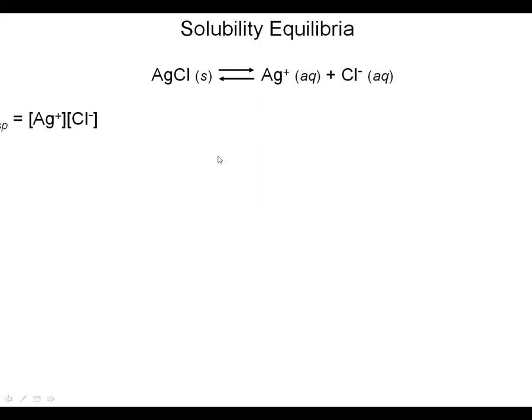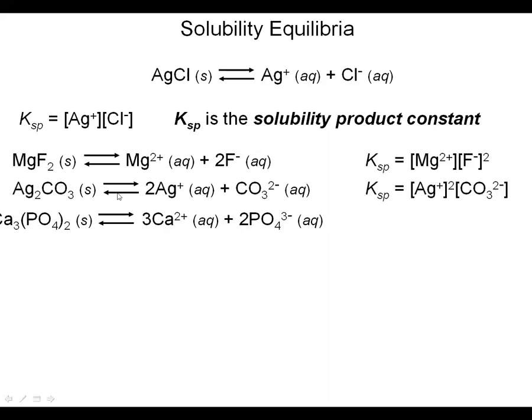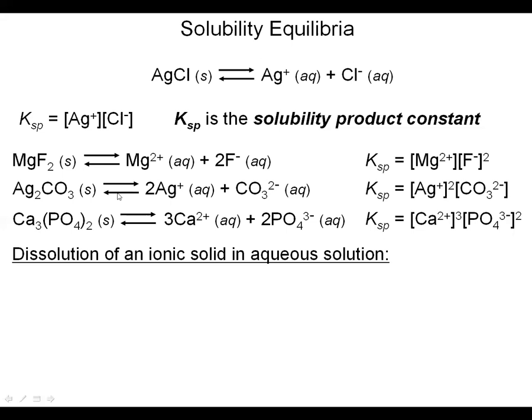So Ksp is solubility equilibrium, and it really is an equilibrium constant that is written for things that are typically insoluble. If you think about our solubility rules, when we think about things that are insoluble, we often think that they are always going to be solids, they'll never dissolve.